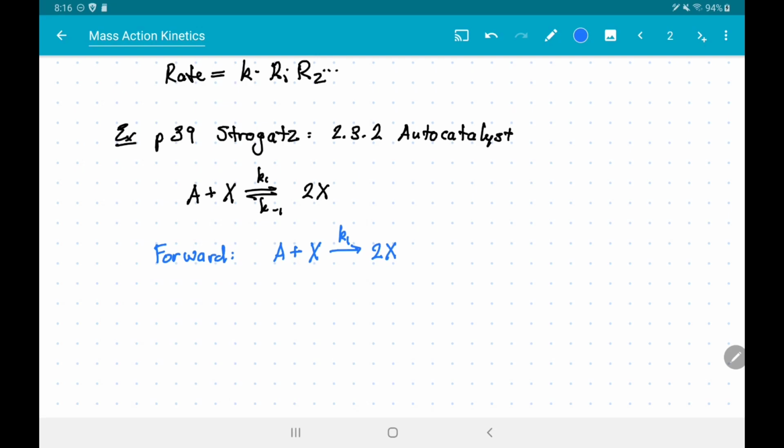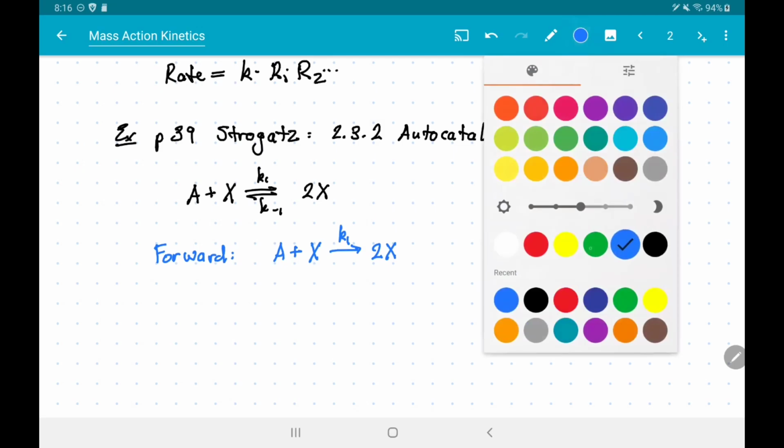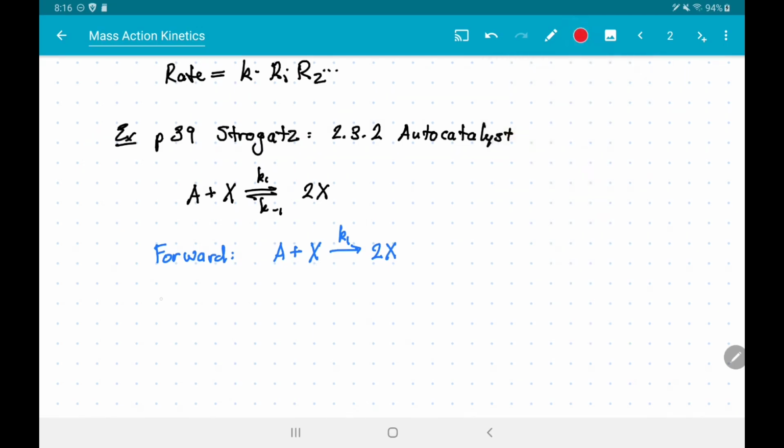So what that means is that the A has effectively been turned into another X by interacting with the X here. Then there's a back reaction which runs in reverse. So this says that sometimes 2 X's can bump into each other.